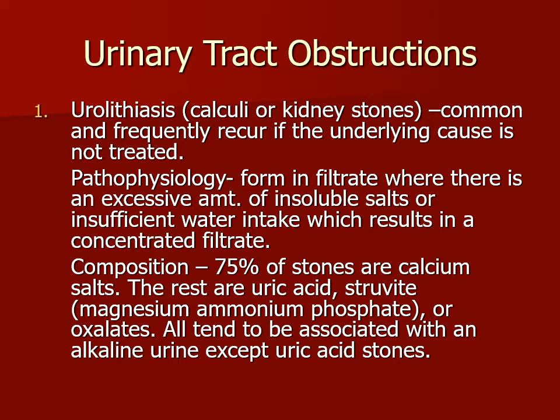75% of calculi are composed of calcium salts. The rest are composed of uric acid, struvite, which is a magnesium ammonium phosphate complex, or oxalates depending on the predisposing factors. Alkalinity favors formation of calcium stones: phosphate, calcium oxalate, or calcium carbonate.